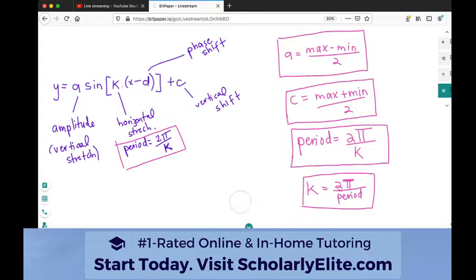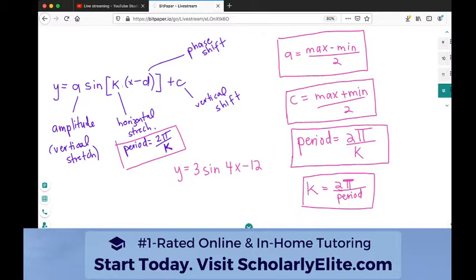Another thing that I am going to make note of is be really aware that you cannot have a k value if you haven't fully factored out the k from this stuff. So let's say, for example, you have y equals 3 sine 4x minus 12.